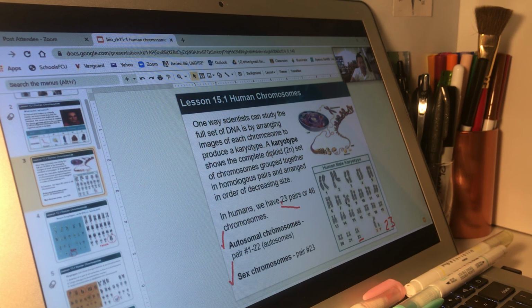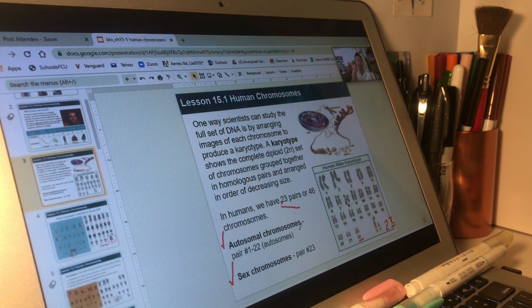Okay, we good? Autosomal chromosomes contain genes that are not sex related. For example, your hair color is not sex related. I have black hair, Jenny has black hair, Derek has black hair, Emma has black hair. Does it determine our gender?